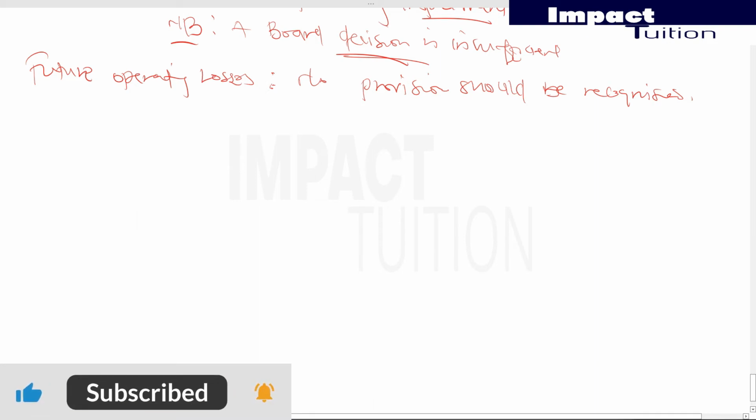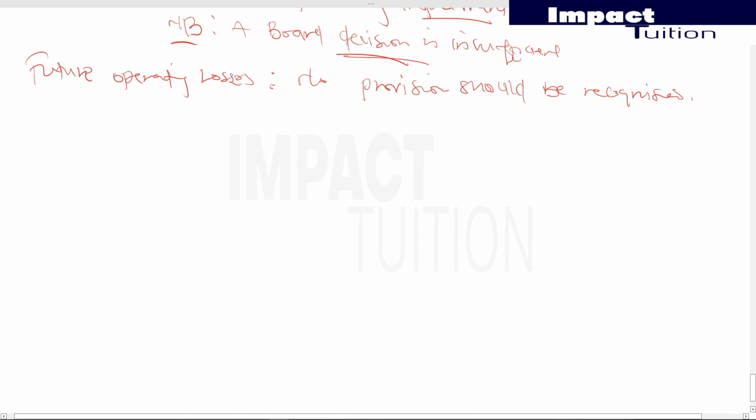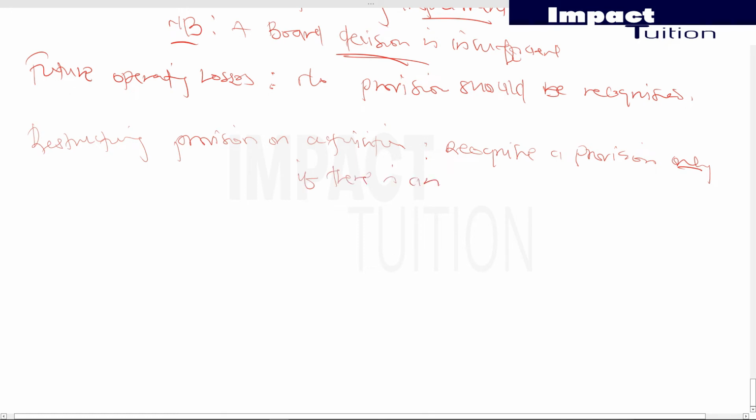Now, for restructuring provision on acquisition, the standard is saying that you should recognize a provision only if there is an obligation at the acquisition date.